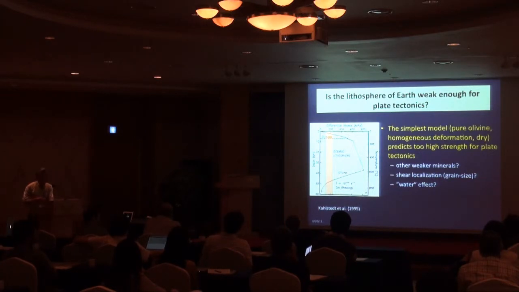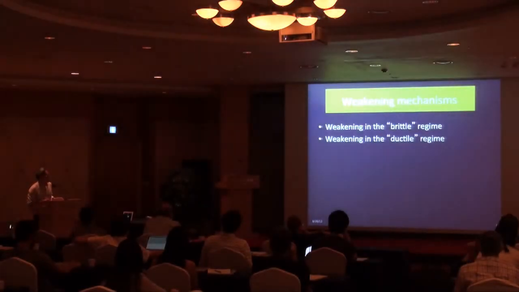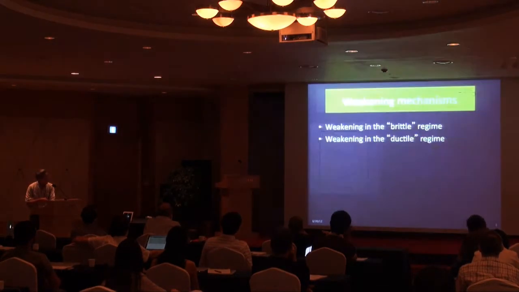We have two branches, brittle failure and ductile. One possibility is reducing the strength in the brittle branch, which is the fracture strength, or frictional resistance. Another possibility is reducing the strength in the ductile regime, this branch.